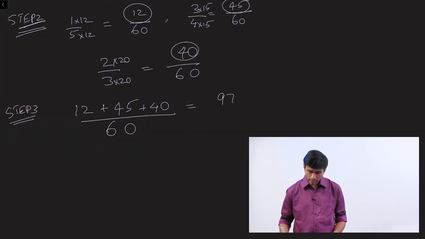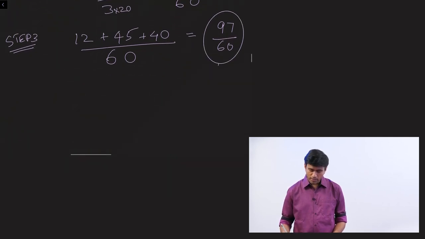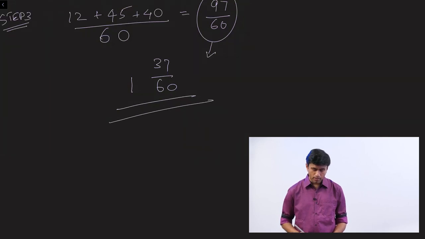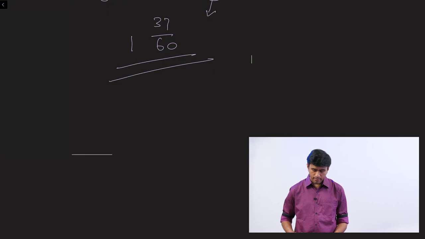This gives you 97 by 60. But this is not the simplest form. How do you convert it into the simplest form? The simplest form will be 1 37 by 60. That's how you can add fractions.